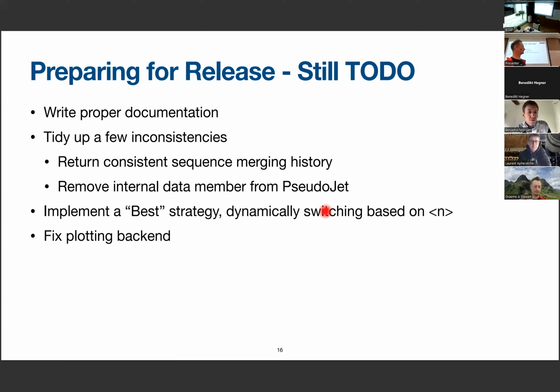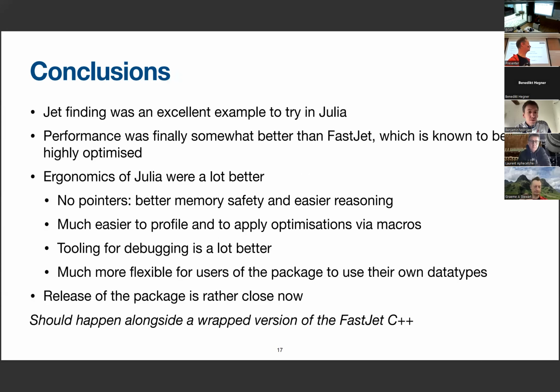We now know basically how to do a best strategy, so the user shouldn't have to define what the strategy is. We should just look at the number of particles they've got and pick the appropriate one. And the plotting backend that Attell did was really nice, and then I broke it because I changed some things, so we should fix that. We should fix that too. So yeah, it looks pretty good.